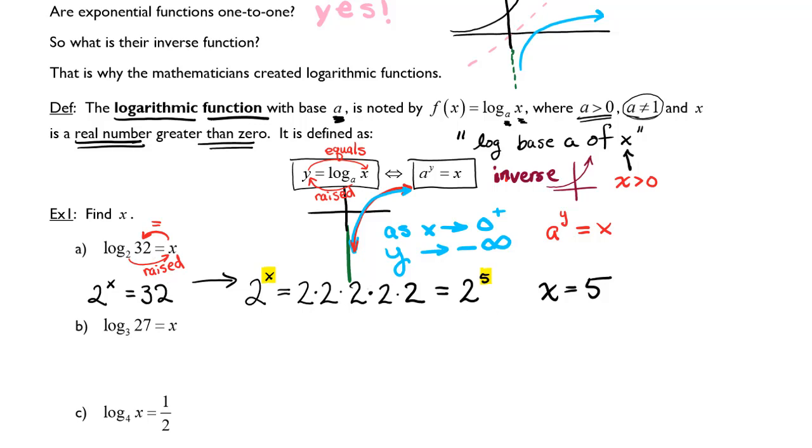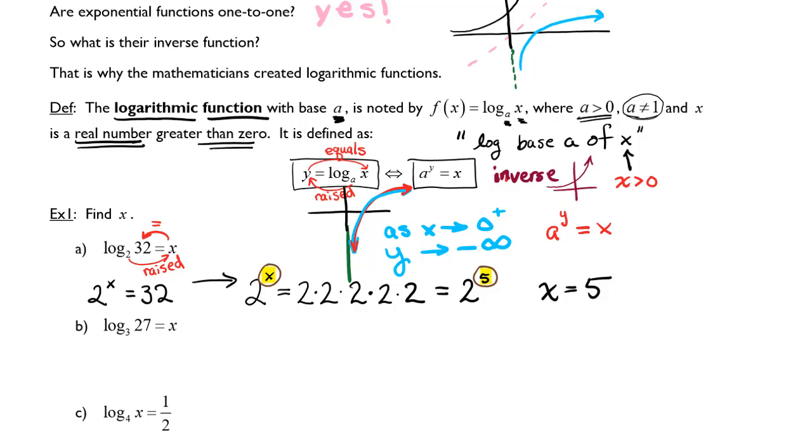And if you're trying to make sense of all of this as one thing, this log base 2 of 32 equals x is asking what number would I have to raise 2 to get 32 as my output. So that's where the x and the 5 come in. I would have to raise 2 to the 5th to get 32.